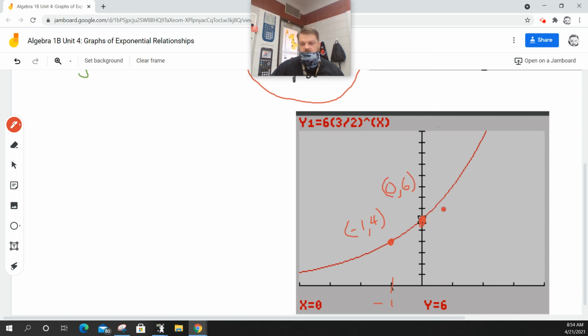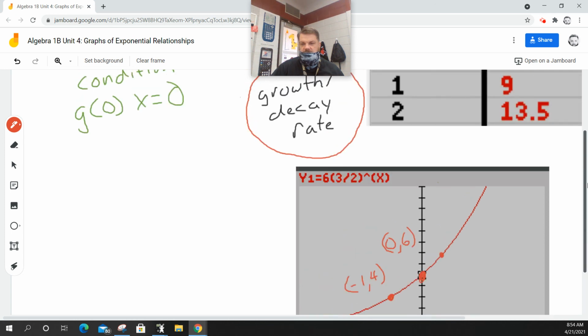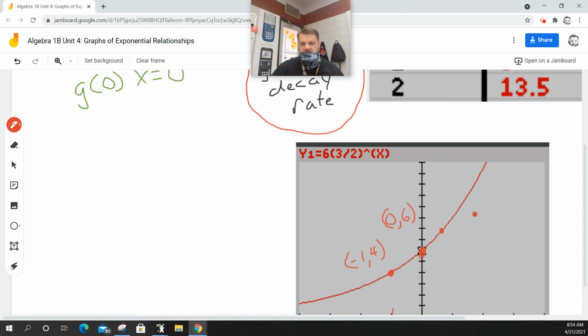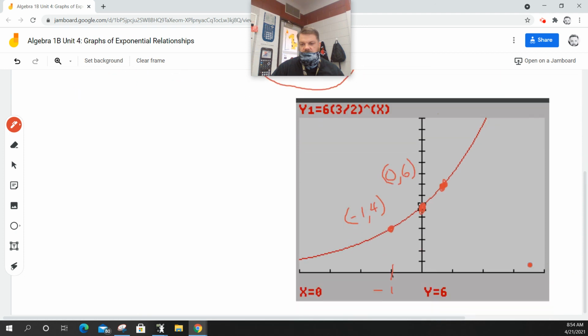When x equals 1, that looks like, what is that? Is that 8? Let me see. Nope, 9, right? That must be 9. If I count 1, 2, 3, 4, 5, 6, 7, 8, 9. Yep. So this is 1, 9. And then if I graph 2, I think that's 13.5.